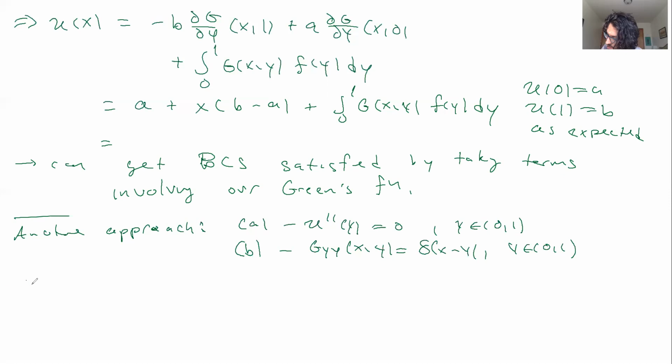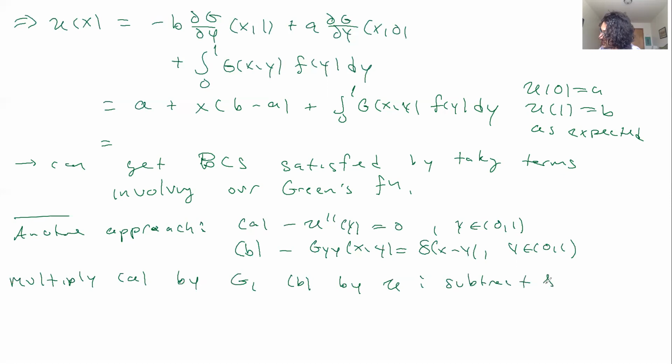Now, if we multiply a by g, and we multiply b by u, and then we subtract and integrate, what we end up with is the integral from 0 to 1 of (minus g u'' plus u g_yy) dy.